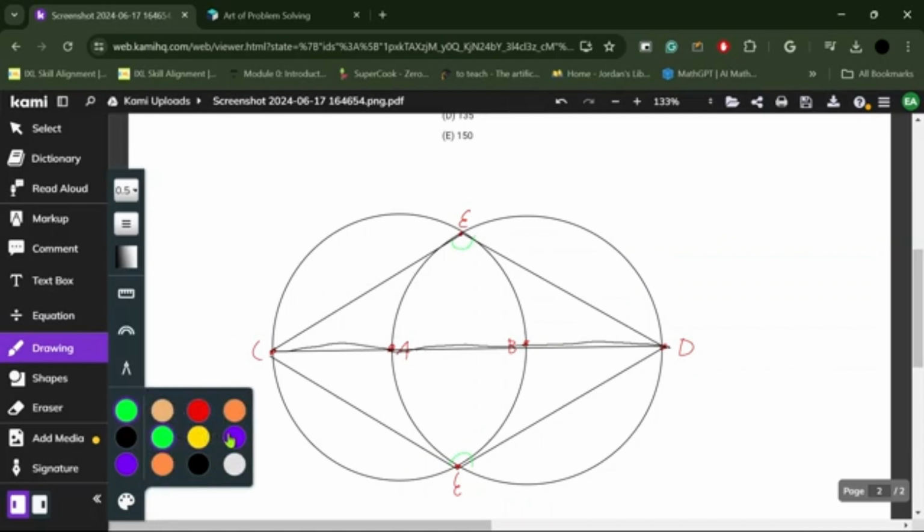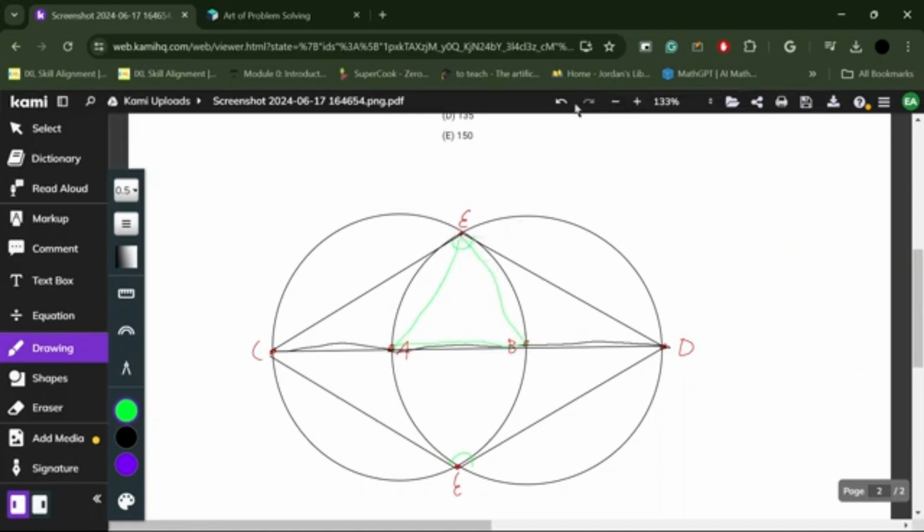So, this is where my strategy differs from other strategies. Sorry, that was a bad line. Okay, so this is an equilateral triangle.